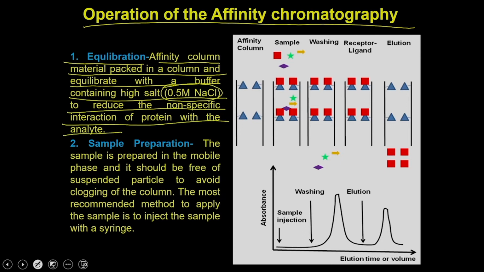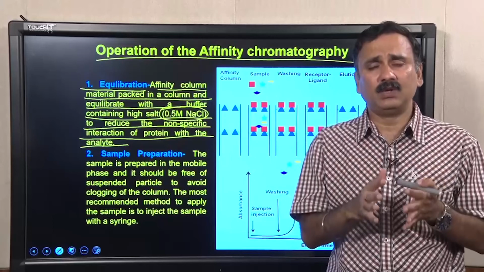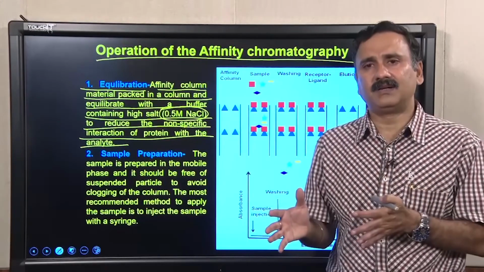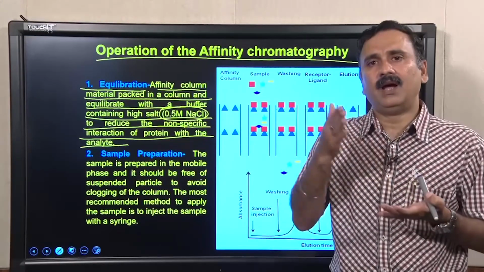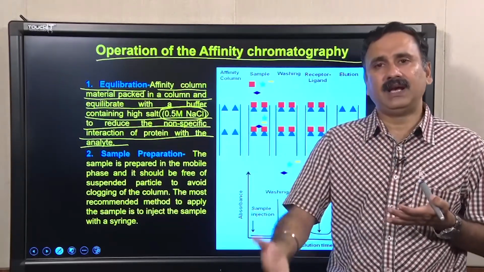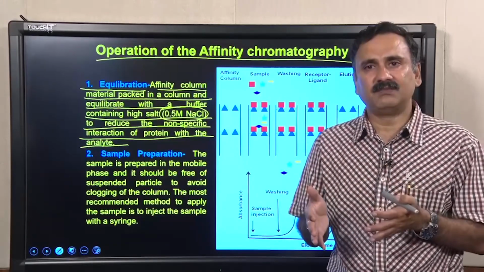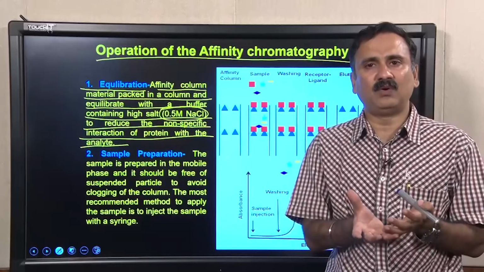If you remember, compared to all other techniques, affinity chromatography is the only technique where you have a very high salt concentration, so that you avoid non-specific interaction of the analytes with the matrix, because the matrix is also made up of sugar.